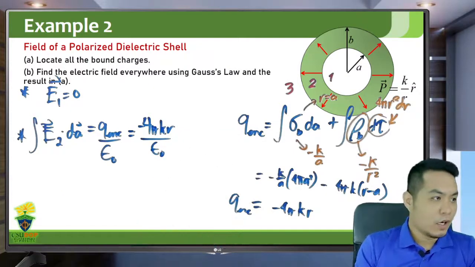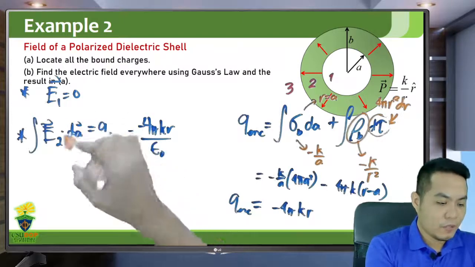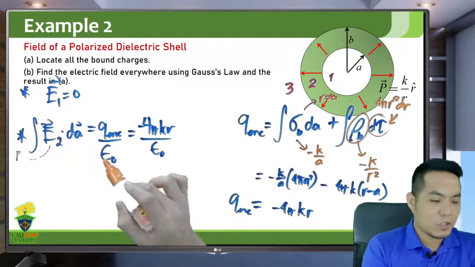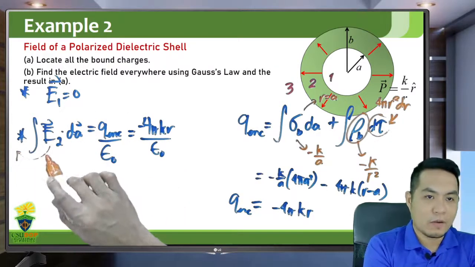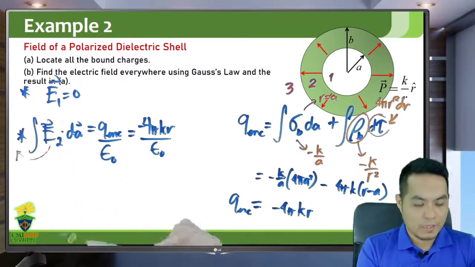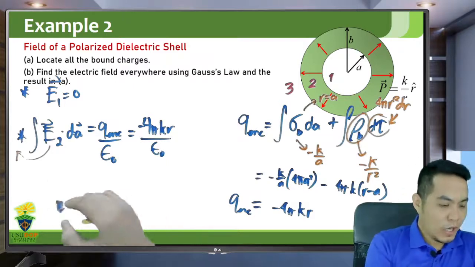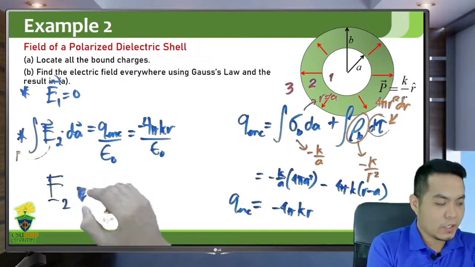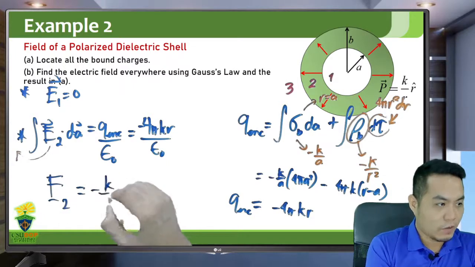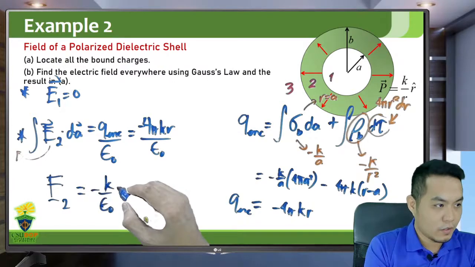Similarly, you can take E out of the integral. This will just be constant, and you will have just E2 times the area, which is 4 pi r squared. And you will get E2 is equal to negative K over epsilon naught r.